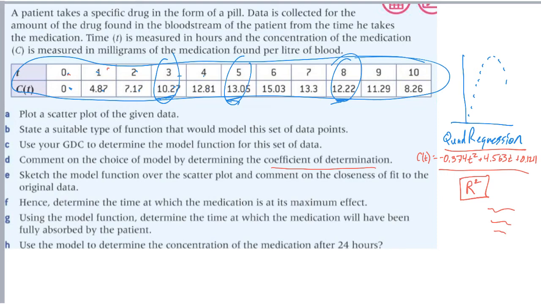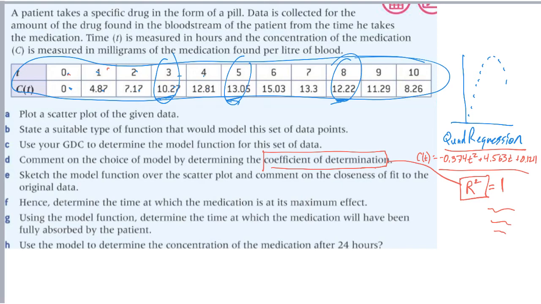One of those is the r squared, the coefficient of determination. You should get something pretty close to 1. The closer it is to 1, the better the fit. It's kind of like your correlation coefficient when we were doing the linear graph, but it's a slightly different process. As long as your r squared is getting close to 1, then we're happy with what we've got.